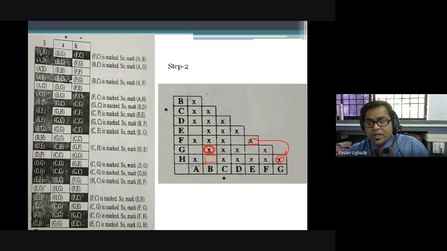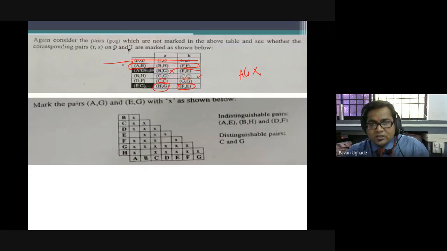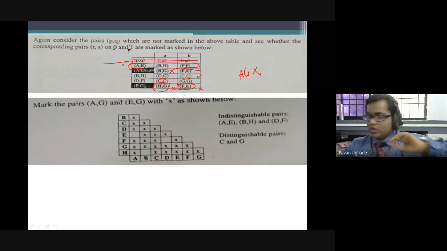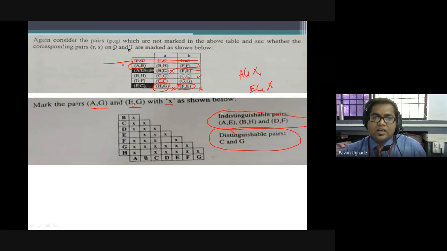If you find any cross in this combination, you will simply mark it as EG is a distinguishable pair. As I mentioned, AG and EG with X as shown below are distinguishable pairs, and the indistinguishable pairs are AE, BH, and DF.